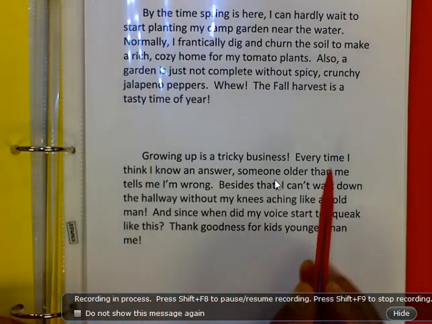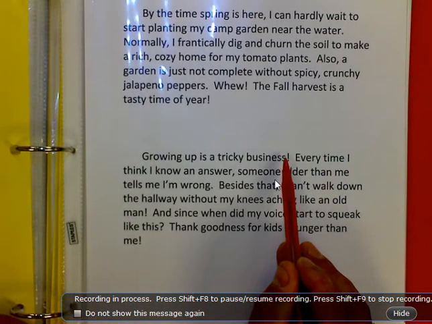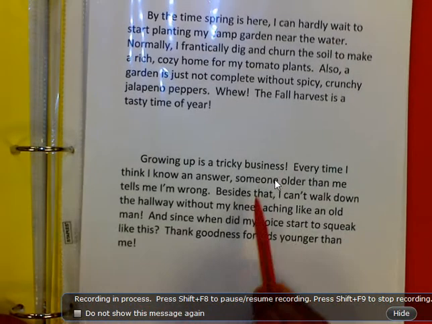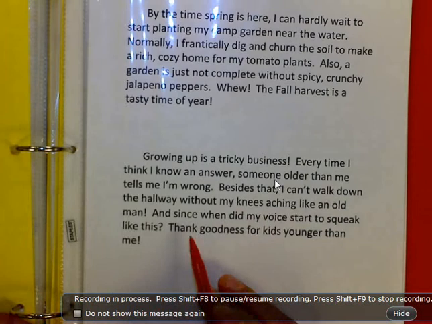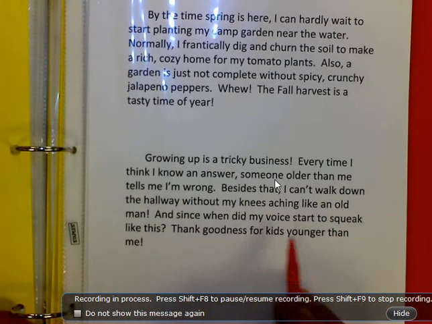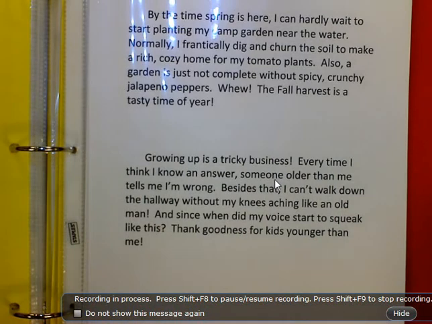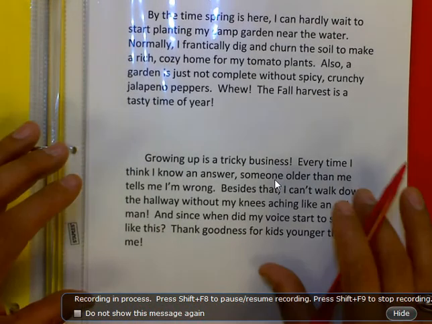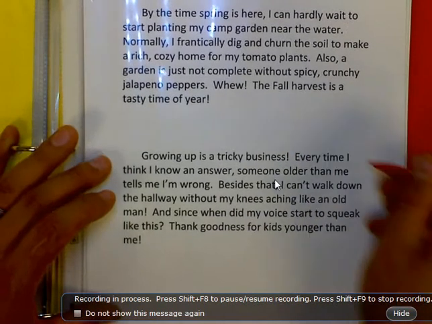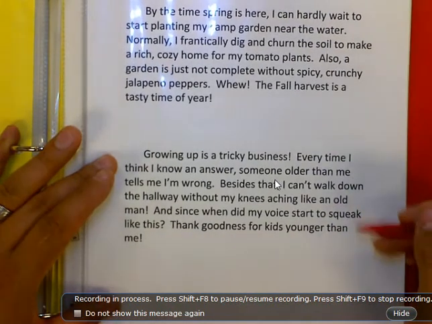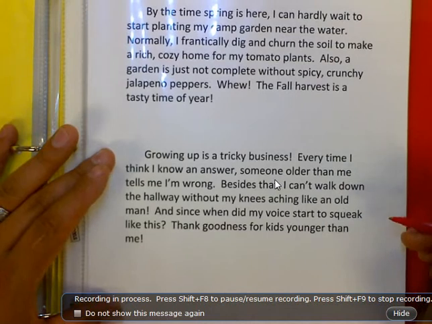So that's my topic sentence, power 1. I can jump all the way down and find the last sentence in the paragraph. It says, thank goodness for kids younger than me. Again, just from the sound of that sentence, I could hear that the paragraph is over. It's a little trickier to relate it to my topic sentence without reading the middle, but if we do so, it's going to make sense.